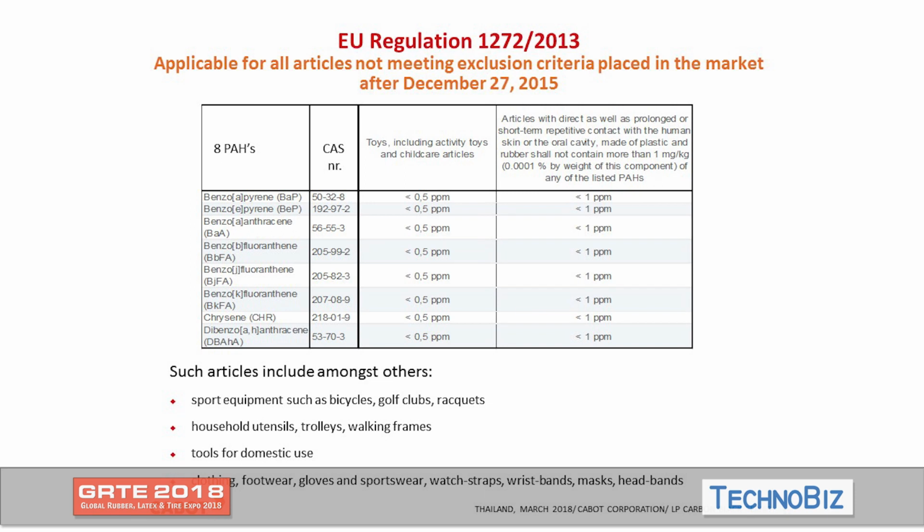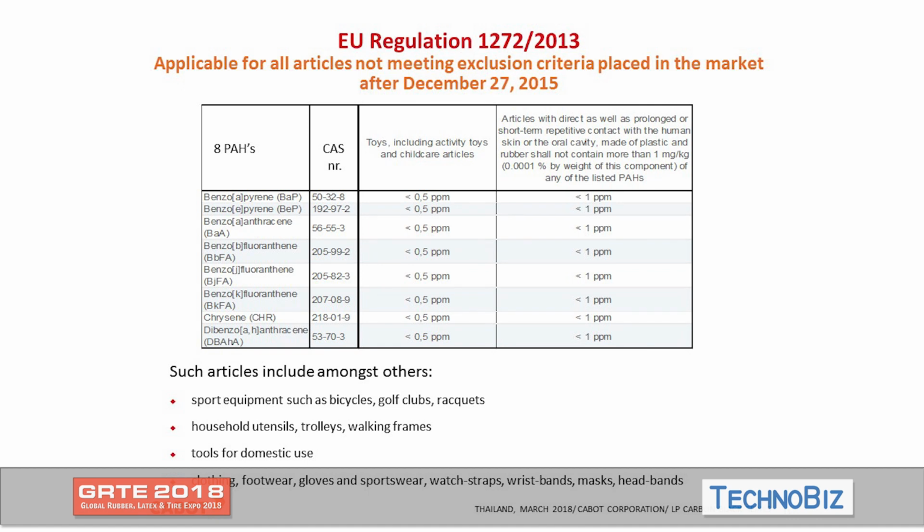Here is the EU regulation. You can see the list is normally 8 different kinds of PAH, and they go into different categories. One is for toys and toy-related materials, where for each of them the requirement is less than 0.5 ppm. And for all the other kinds of articles, for each of them it's less than 1 ppm.